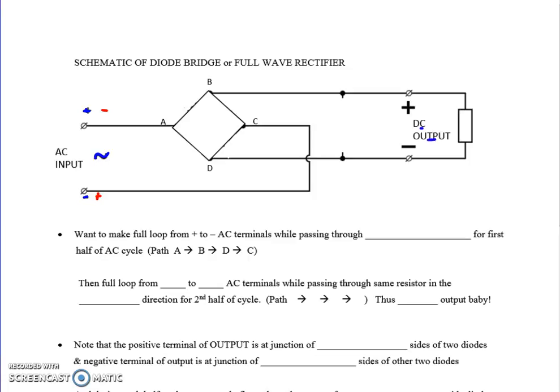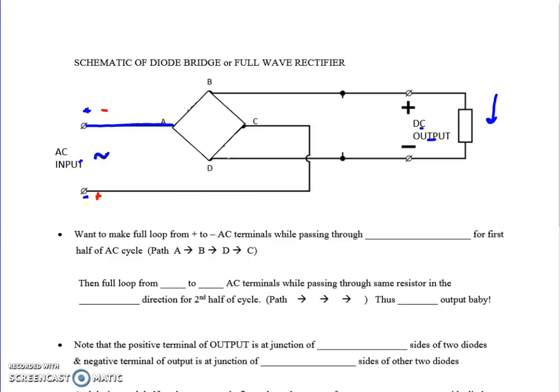Our goal is to take the alternating current that's going through the AC and get direct current that is, in this case, going to be down through the load. So how do we configure the diodes to do that? Let's start at the beginning. Let's say at the beginning this top terminal is positive, so we're going to have current going this way.